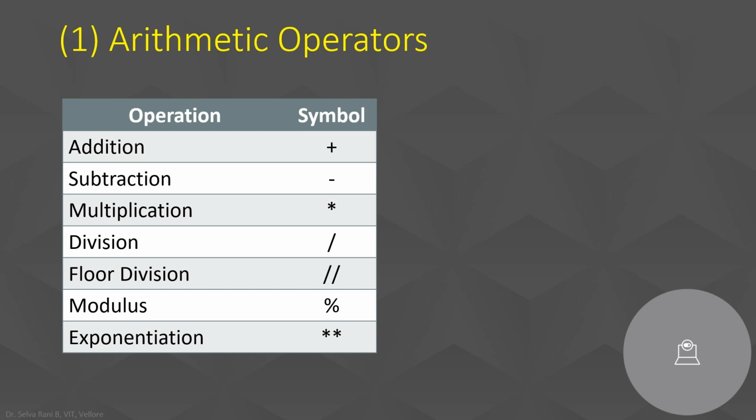Floor division helps us to get the quotient after dividing a number by its divisor. It means that the floor division operator will truncate the fractional part and return the whole number alone as a result. And we know that modulus is the operator which will help us to get the remainder after performing division. And exponentiation helps us to perform the power operation.